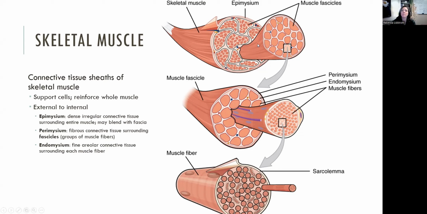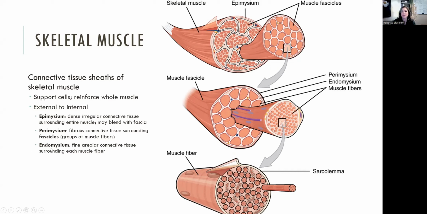So when we look at what makes up a muscle, we can break it down into individual fascicle bundles that make up that skeletal muscle. And if we look at an individual fascicle, that is made up of individual muscle fibers. As far as the coverings go, we have epimysium, perimysium, and then endomysium. And endomysium is going to be around each individual muscle fiber.